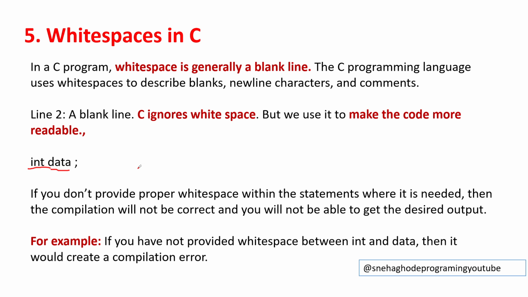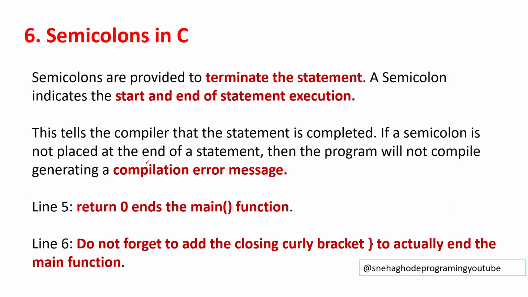In between int and main, int and data, if you are not giving any white space, your compiler is not going to get the variable name and what the integer is. It will throw an error. So if you have not provided the white space between int and data, it will create a compilation error.